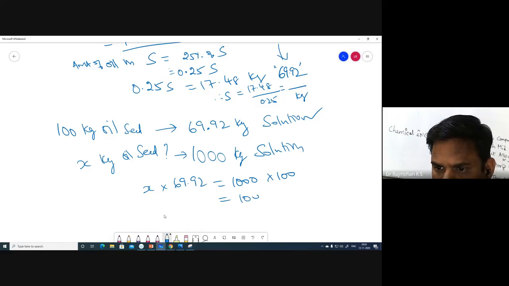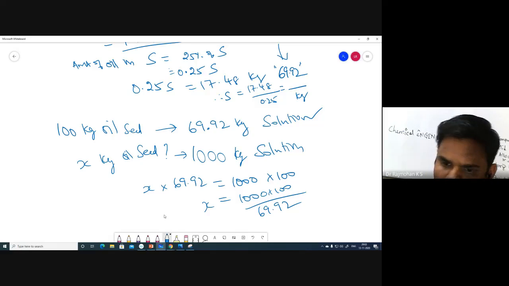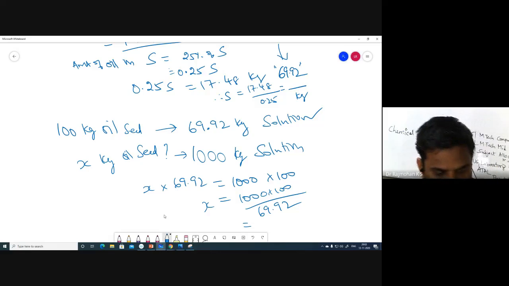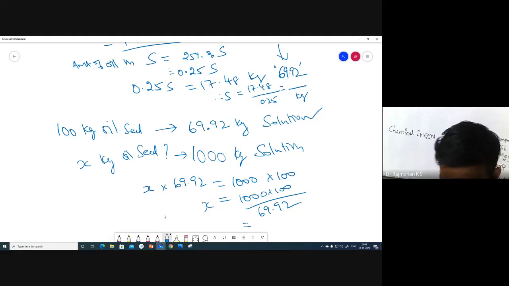So x is equal to 1000 into 100 divided by 69.92, which equals 1430.21.